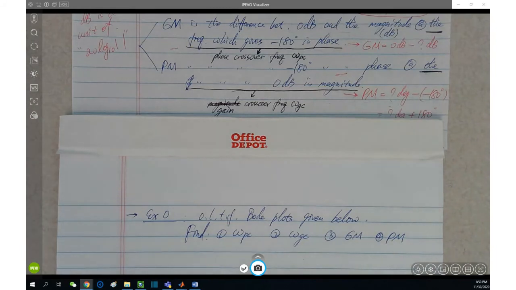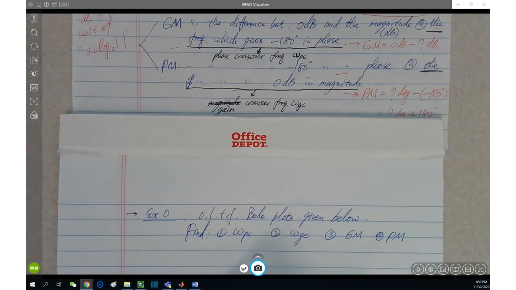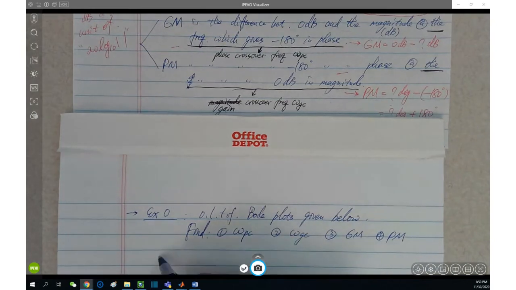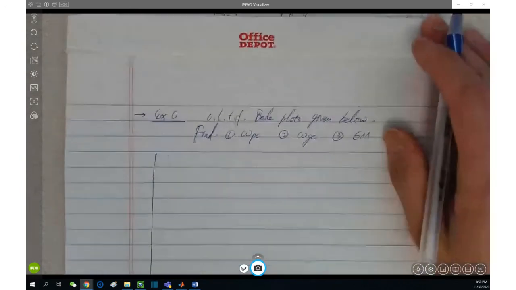First, we need to assume Bode plots like this.